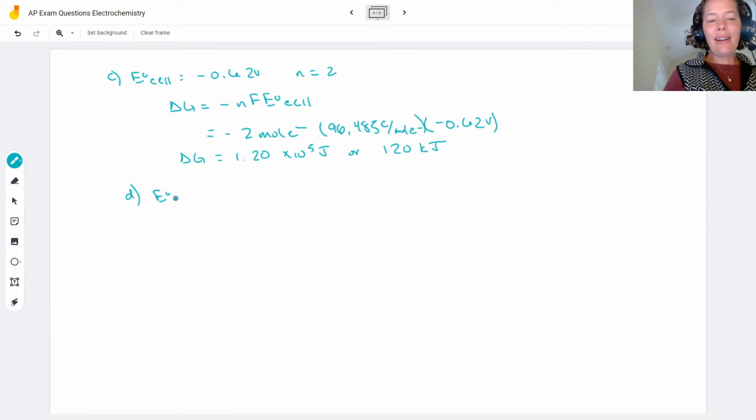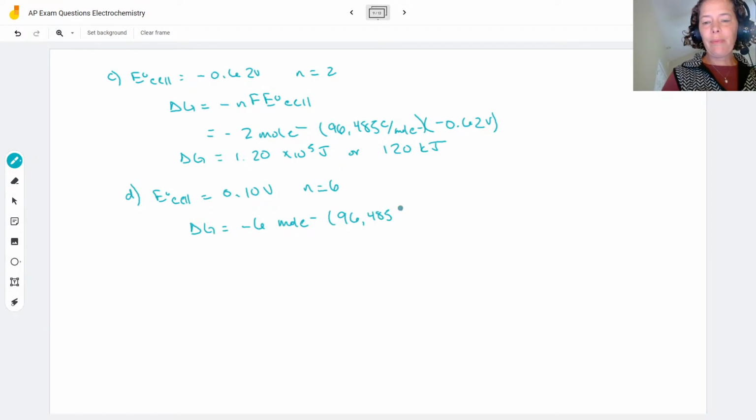For part D, our E cell is 0.10 volts. Our n, remember our n was 6 for our reaction for part D. So our delta G is negative 6 moles of electrons times Faraday's constant per mole of electrons times our voltage here.